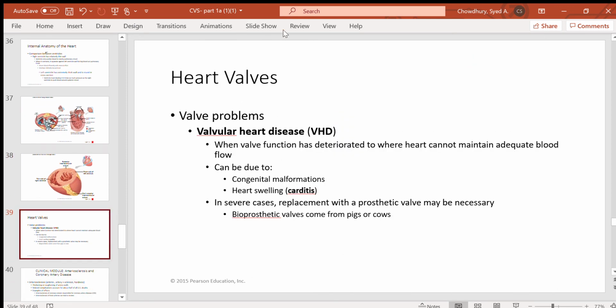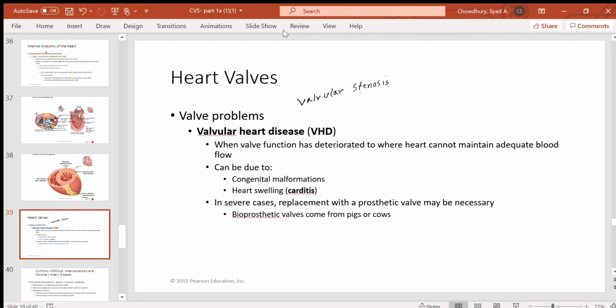Okay, so valvular problems. You probably have heard that heart valves have some diseases or clinical conditions. One is called valvular stenosis. It's commonly heard.